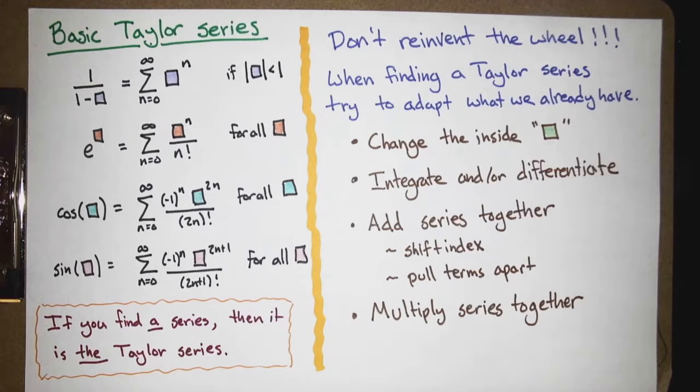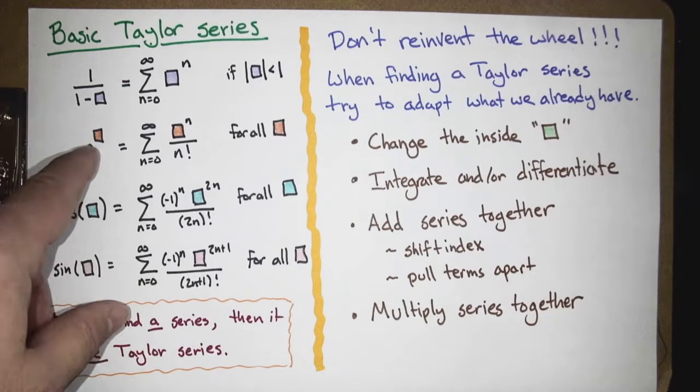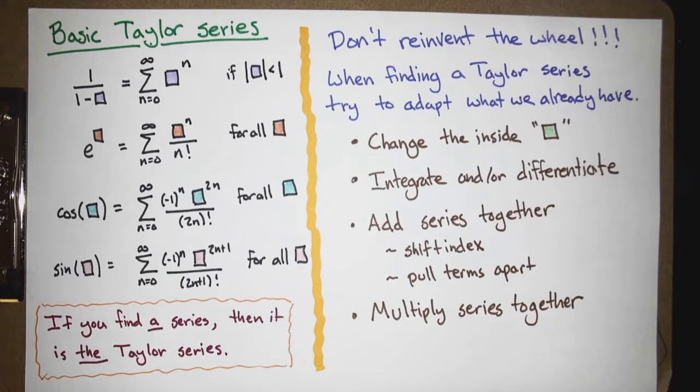So we can take them and say, all right, let's modify them appropriately. Maybe we'll change what's on the inside, so what's in the box. Maybe we'll integrate or differentiate. That gets into some of our applications, which we'll talk about next week. Or maybe we'll combine things by adding or multiplying.